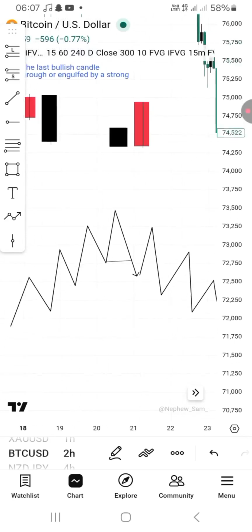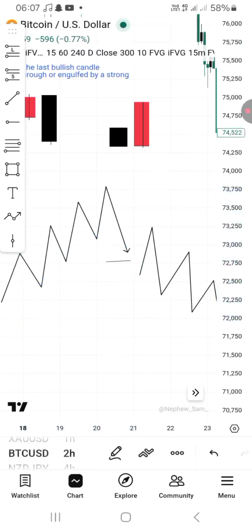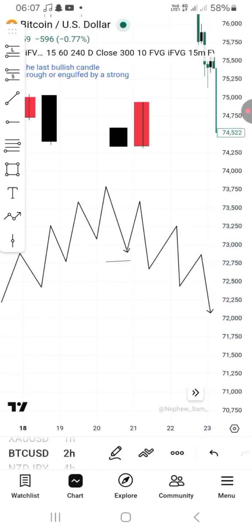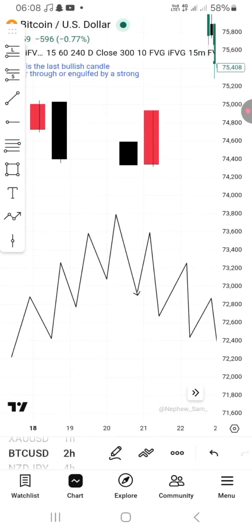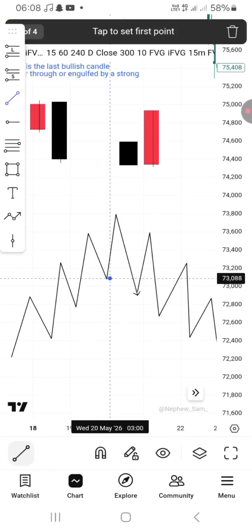So now, as I was saying, this is just the way market structure moves, and we all know this. This way market structure moves, and immediately we see a break in market structure. Let's call it a shift in market structure. This is a change in character.